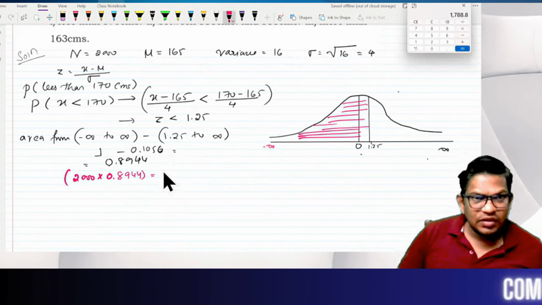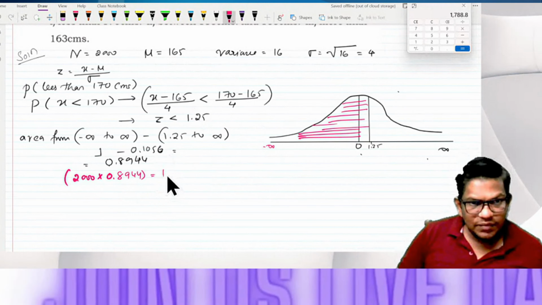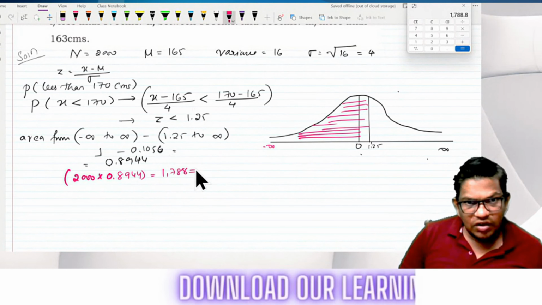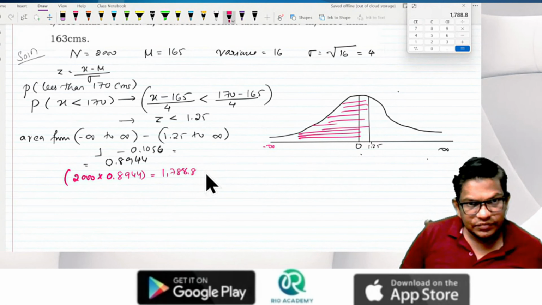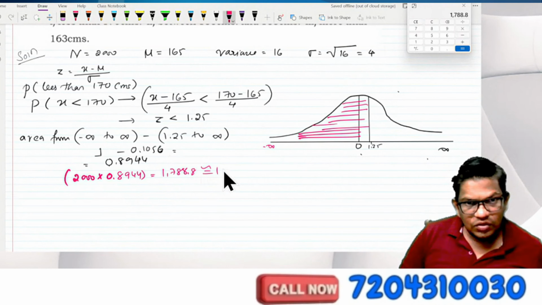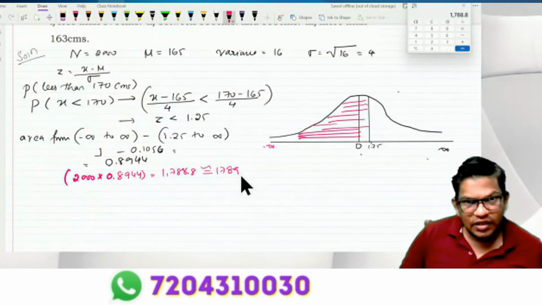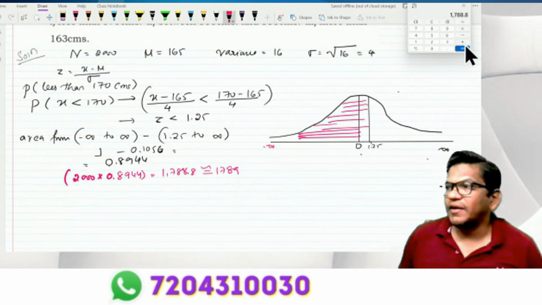That comes 1788 or approximately 1789. समझ में आया? Understood बच्चों?